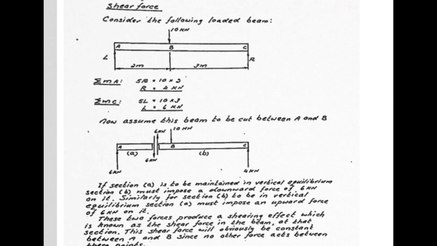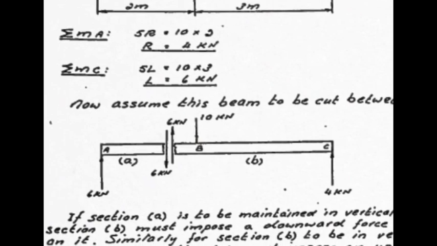Now, if you zoom in to this portion over here, and you have a look at what's happening, effectively this piece of beam on this plane over here is being sheared because we have 6 down and 6 up. So we have this shearing action, much like the piece of paper under the influence of the scissors being sheared.